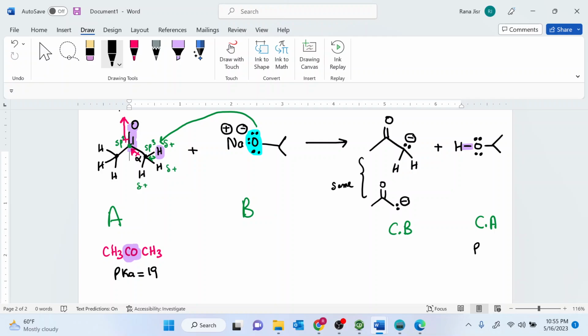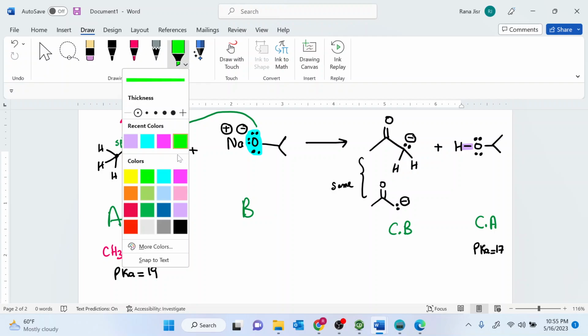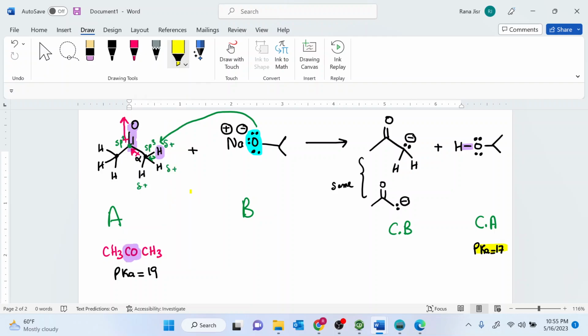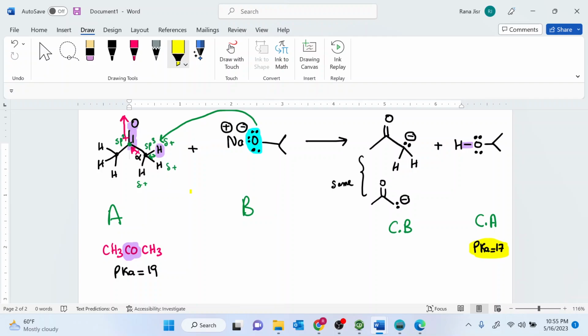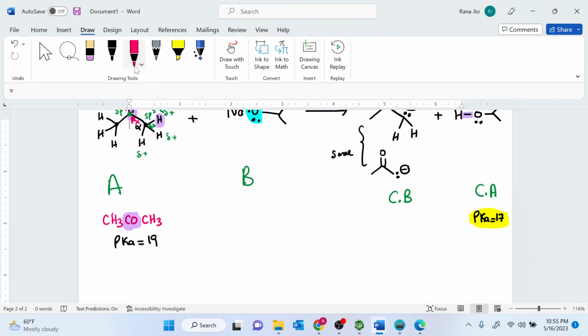And for the pKa of the conjugate acid, again, always look at the acids in there. This is 17. So I know here, this is my first example of the direction of equilibrium going towards the left. Going towards the left means that the reaction will not happen. This pKa is smaller, so this is going to be a stronger acid. If it is a stronger acid, then the direction of equilibrium is going to lie away from the stronger acid.